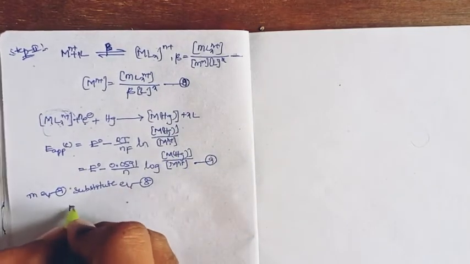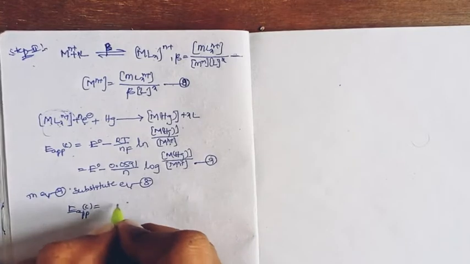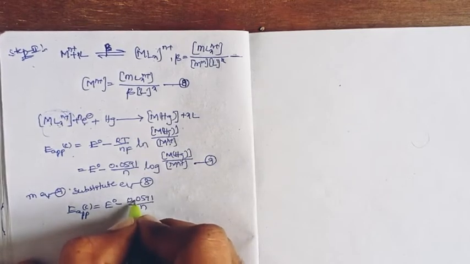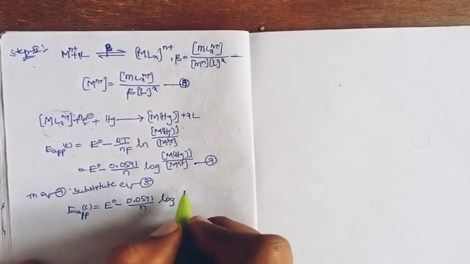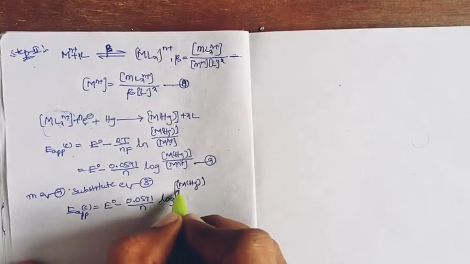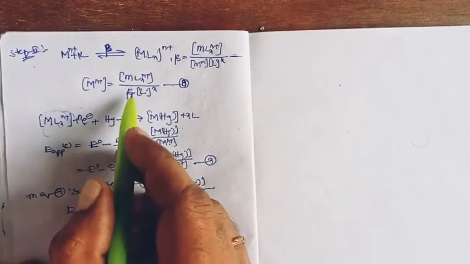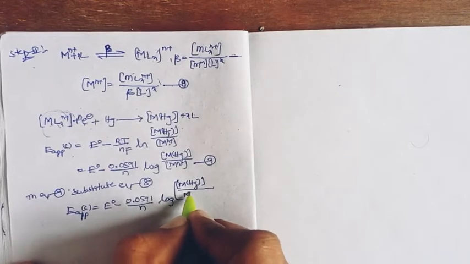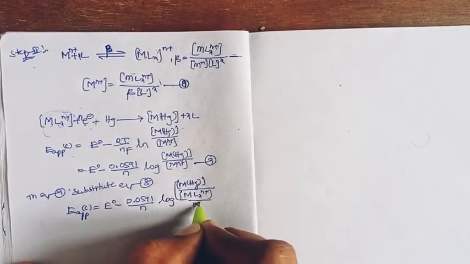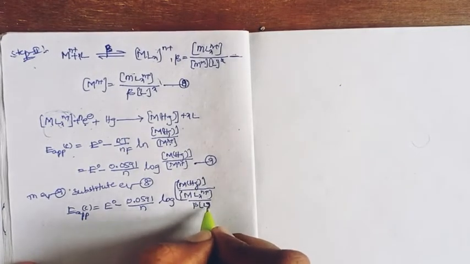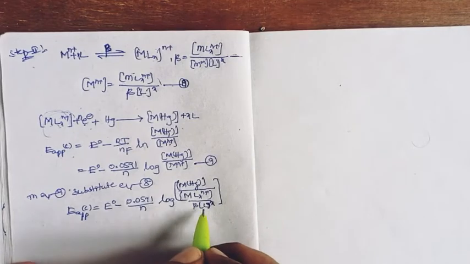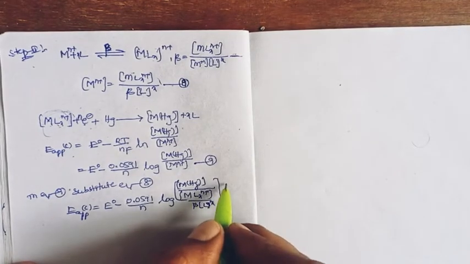So E applied for the complex equals E naught minus 0.0591 by n into log of the metal amalgam concentration divided by, in place of the metal concentration, the metal complex concentration divided by beta into ligand concentration to the power x. Here A by B by C.